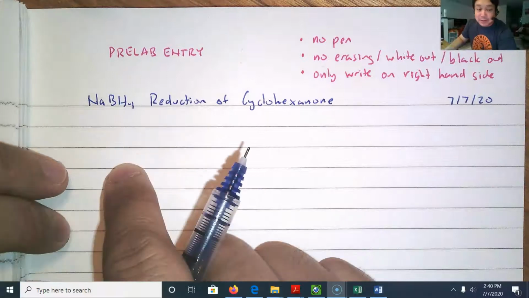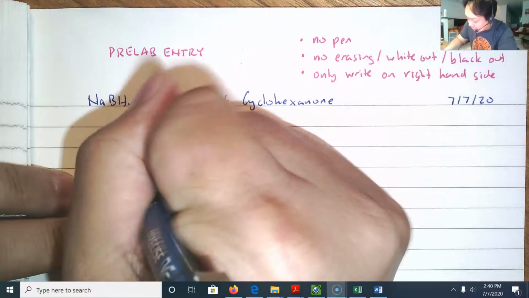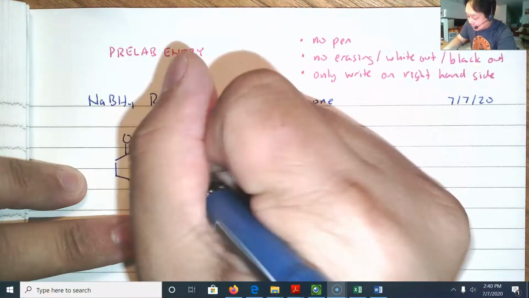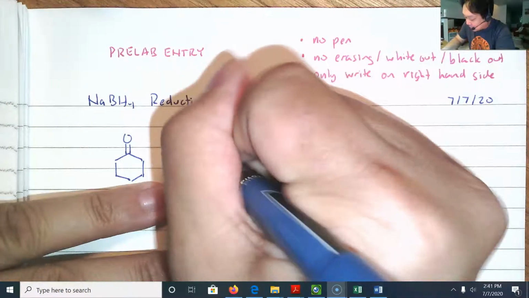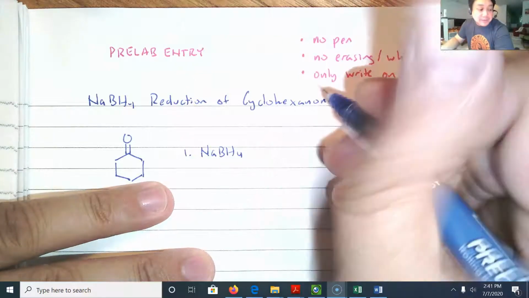A good place to start is, though, the reaction. Okay, this is a good pictorial that tells me what reaction we are doing at the top of your first page of the lab.